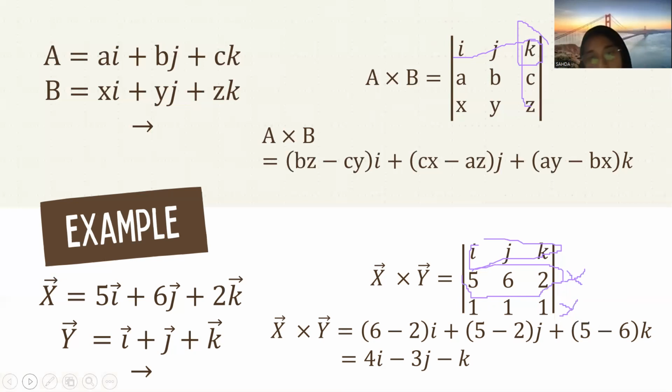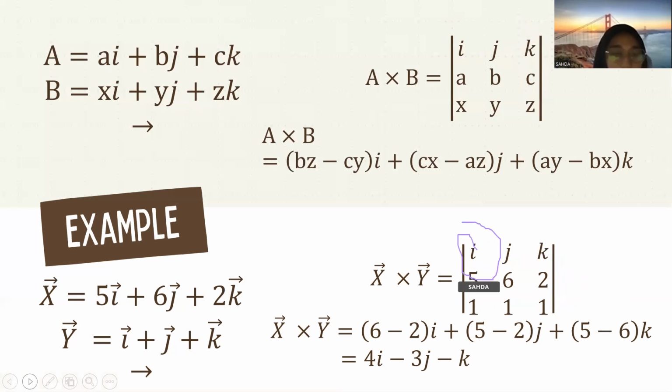So what you have to do is focus on the i hat in the first row, and you cross out its row and column.